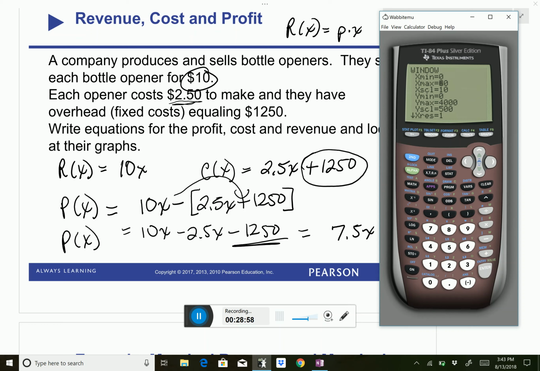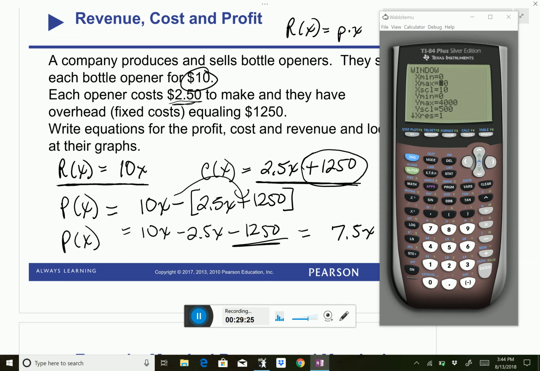Well, we can think about what the intercept would be. The X intercept on this one would be 0, right? Because 0, 0 is a point. The X intercept on this one, let's see, 1250 divided by 2.5.